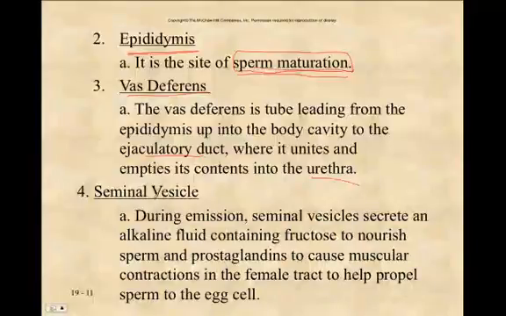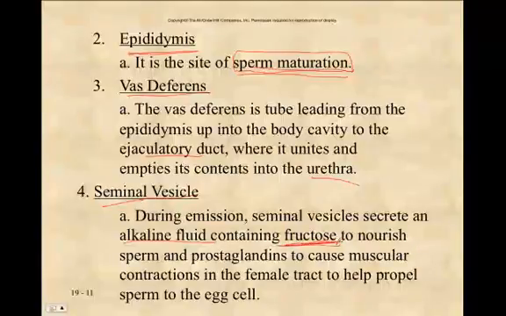And the seminal vesicles are also going to dump their contents into the ejaculatory duct as well. The seminal vesicles are where we will talk a little bit about what fluids they make. During emission, the seminal vesicles will secrete an alkaline fluid. Alkaline means basic, right? And this basic fluid will, one, help to neutralize the acids in the female reproductive tract, but it also contains fructose.